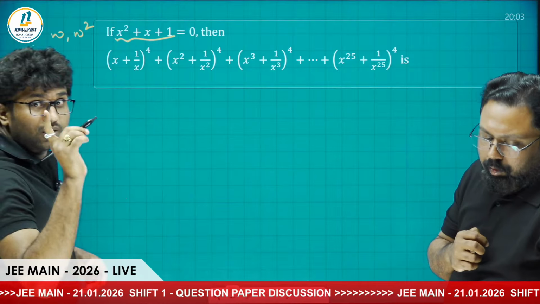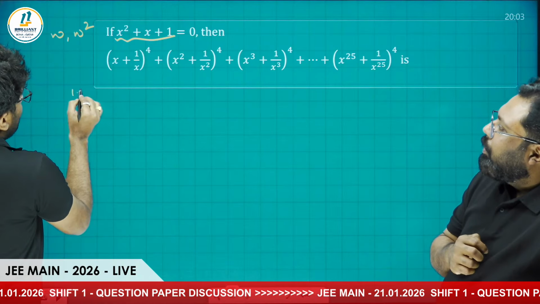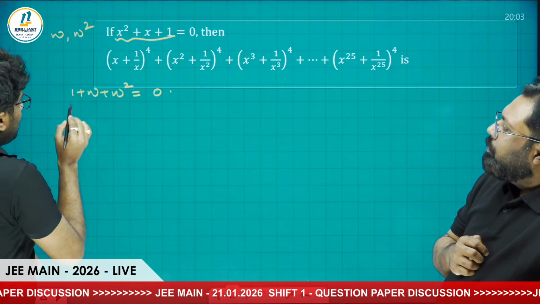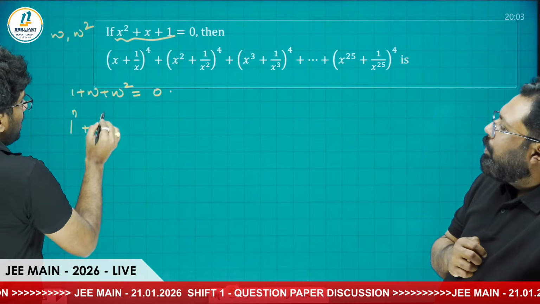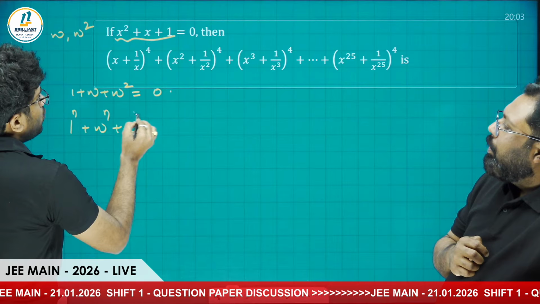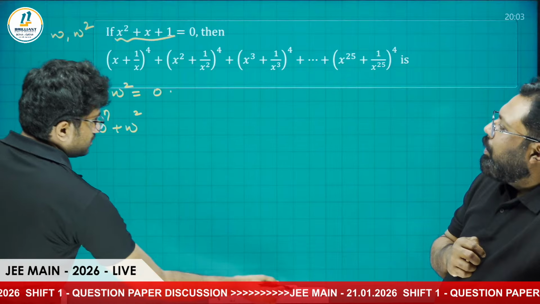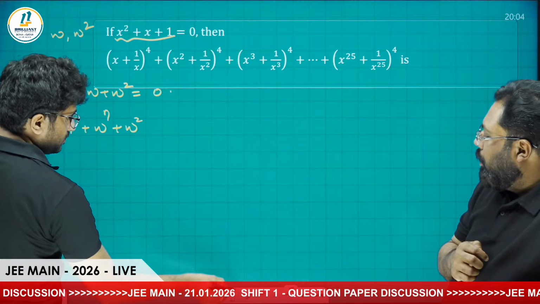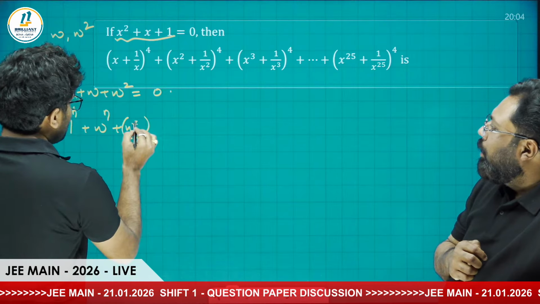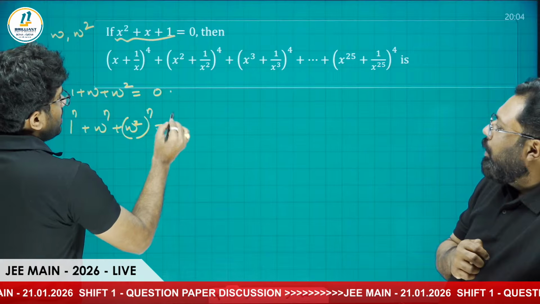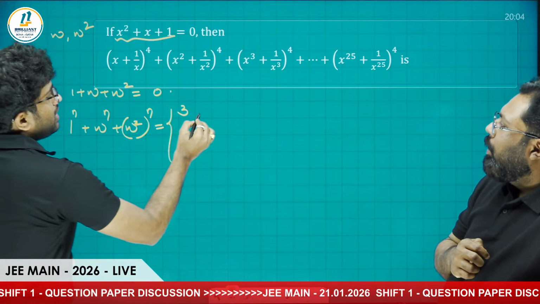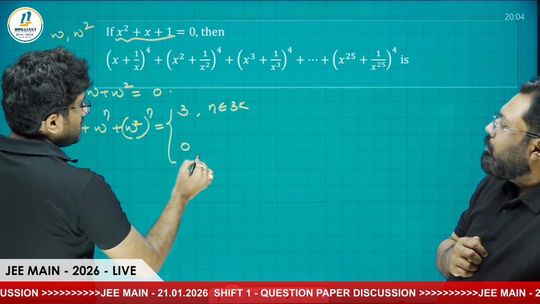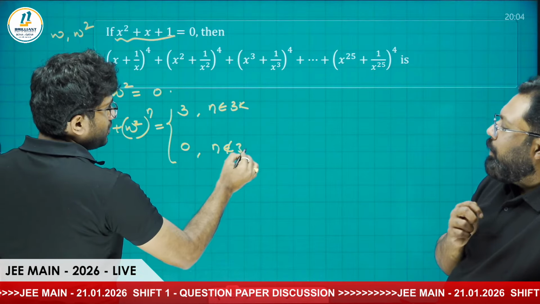So properties of cube roots of unity, if you see friends, 1 plus omega plus omega square is always equal to 0, and 1 power n plus omega power n plus omega power 2n, that is omega square whole power n, is equal to 3 if n is a multiple of 3.